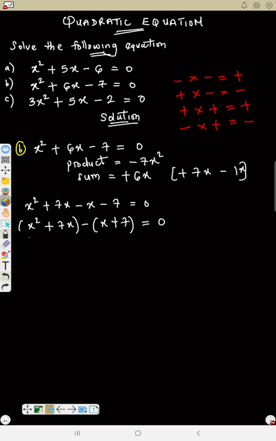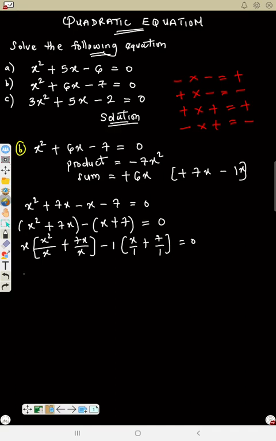So now what's common in this bracket? s is common, so divide by what is common. So plus 7s over s gives s, and 7 over 1 gives 7. Here, what is common is nothing, so it's 1.